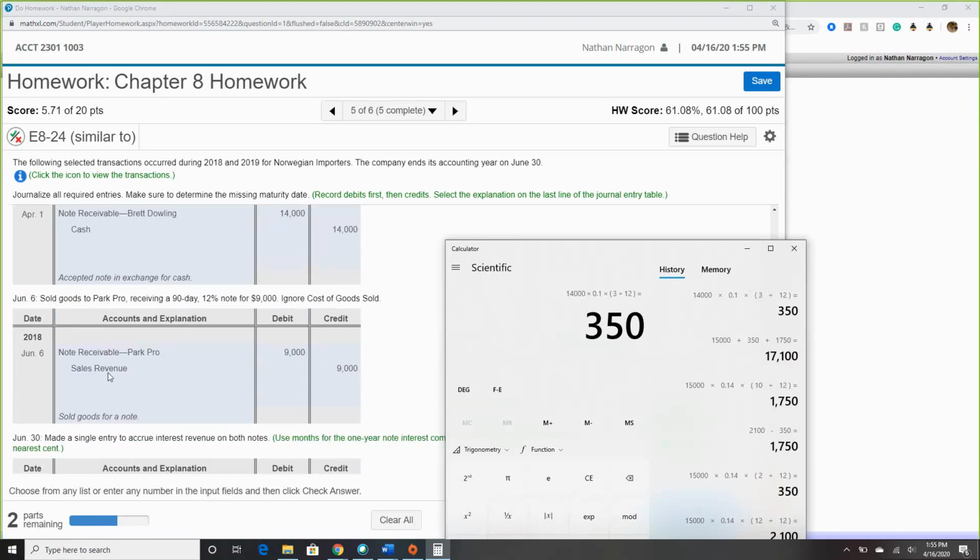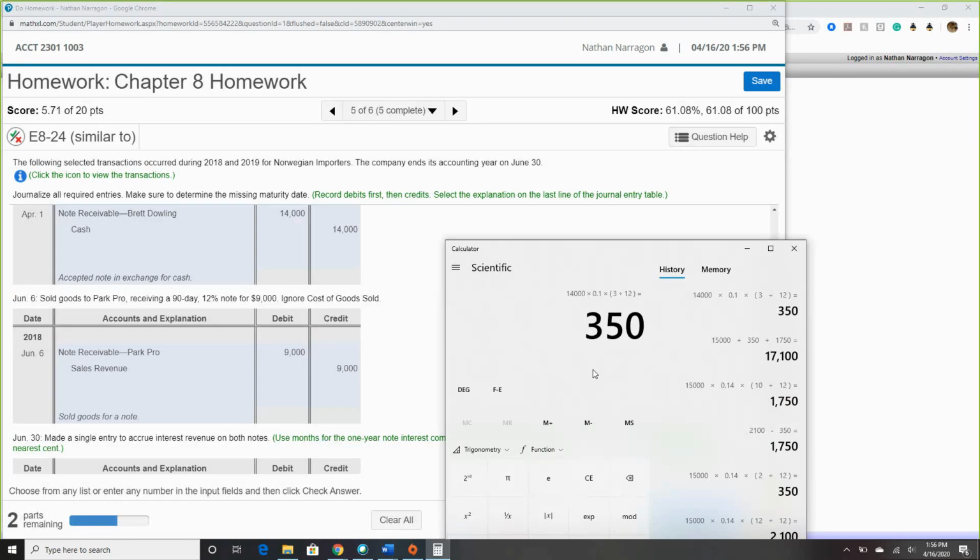Next, we need to figure out the interest on this note. This started on June 6th. So how many days will it take from June 6th to get to June 30th? Simple enough, it's 24, 30 minus 6.